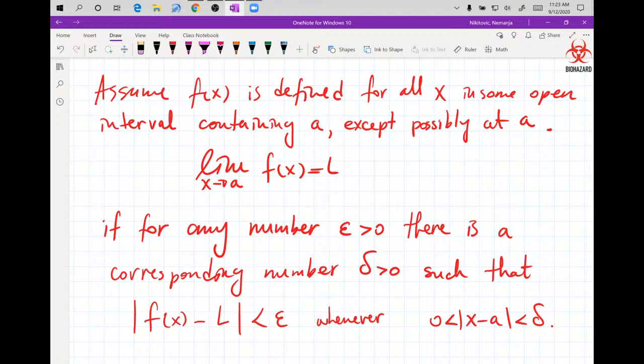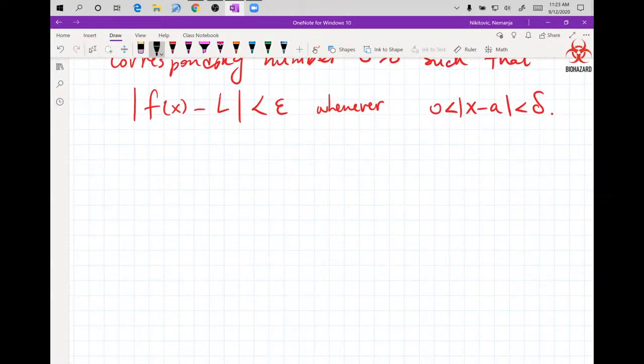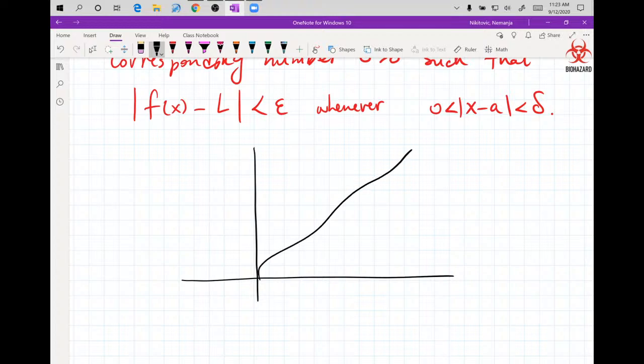And now what we do is we draw the picture which explains the way this definition works. So we take a function, there we go, f of x, and we pick somewhere to have our a and to have our limit L. And now we make this tube around it.